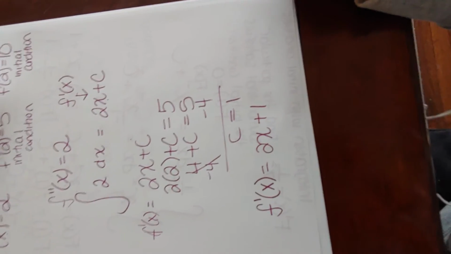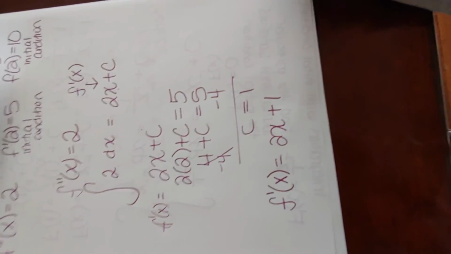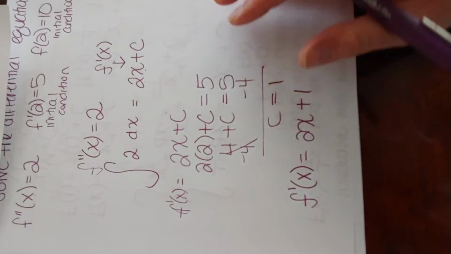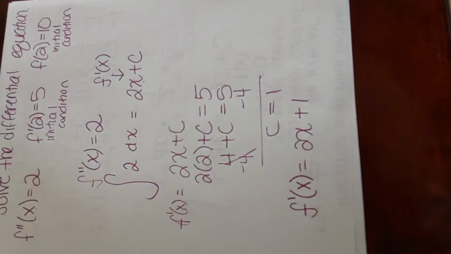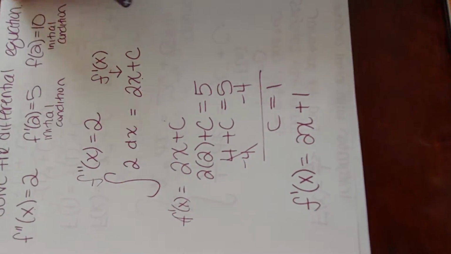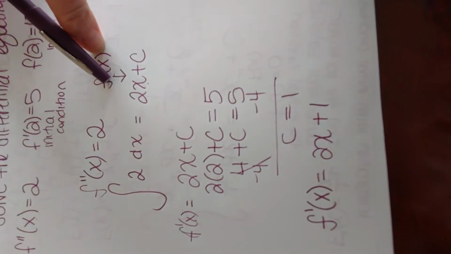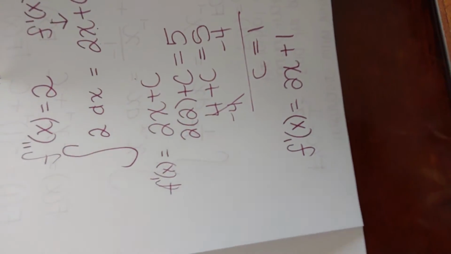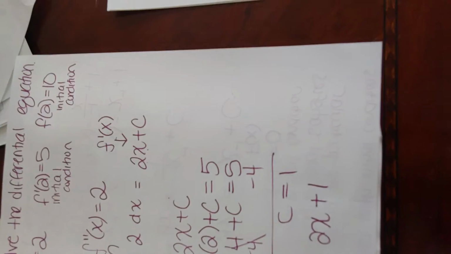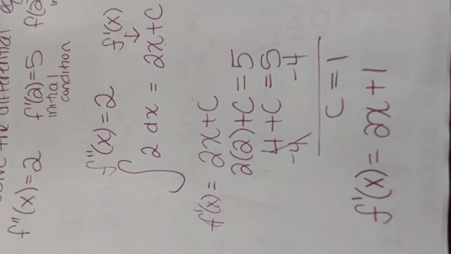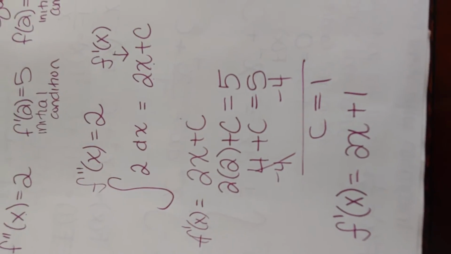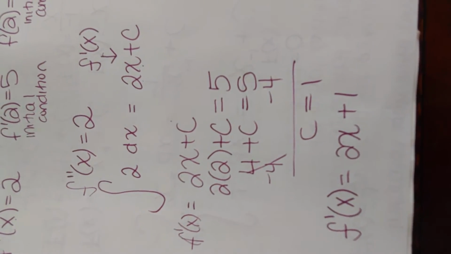All right, now I want to find the function itself. So to find the function itself, I have to integrate again. So let's move this over here. So I'm going to integrate the first derivative.